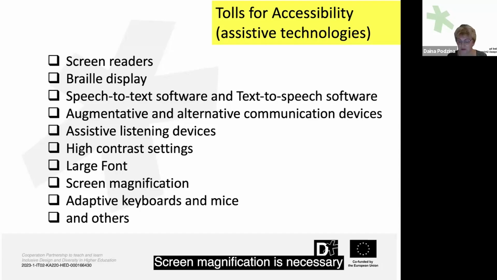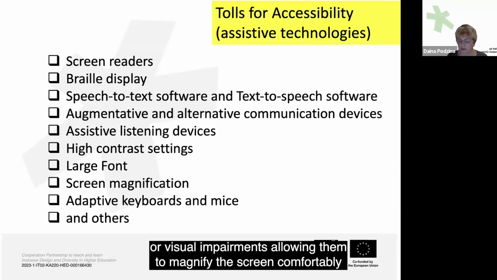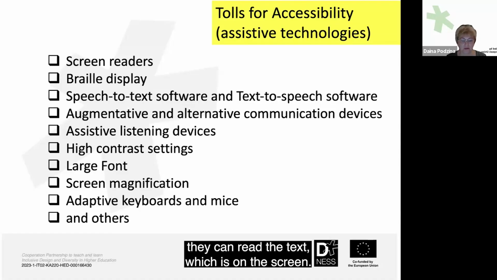Screen magnification is necessary for individuals with low vision or visual impairments, allowing them to magnify the screen comfortably so they can read the text which is on the screen.